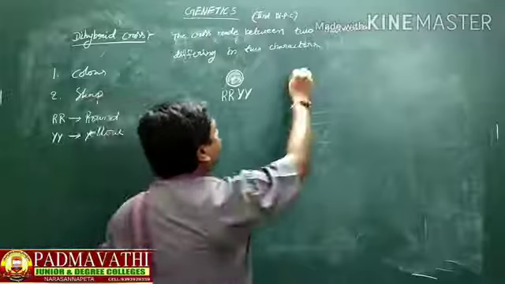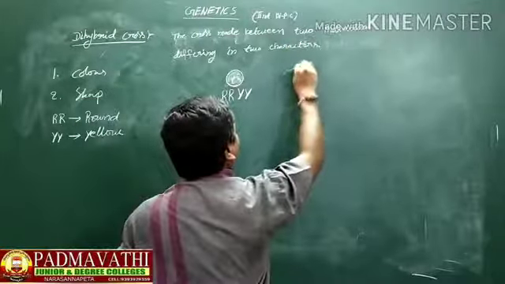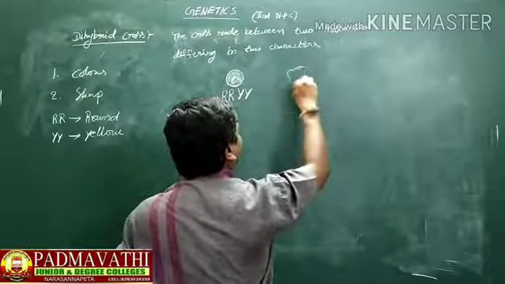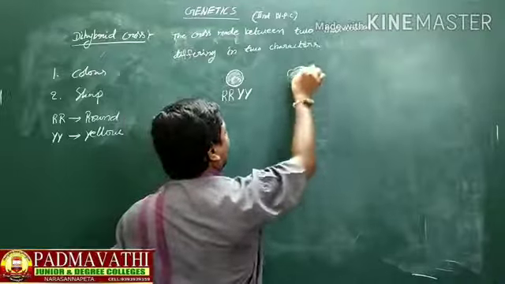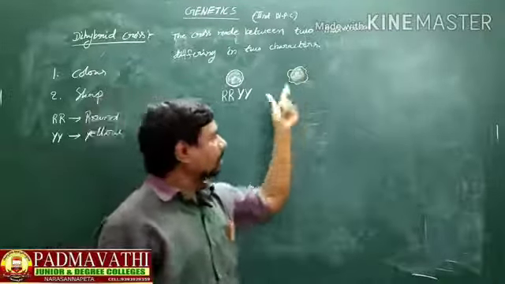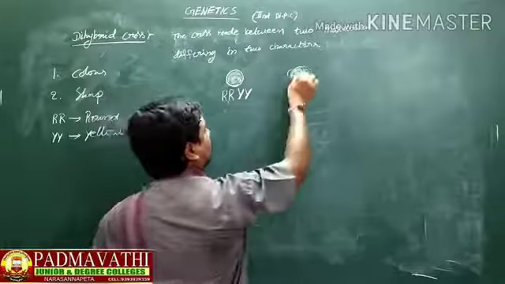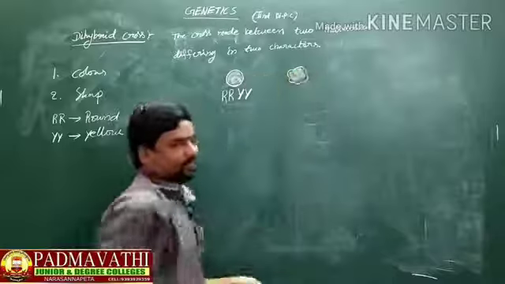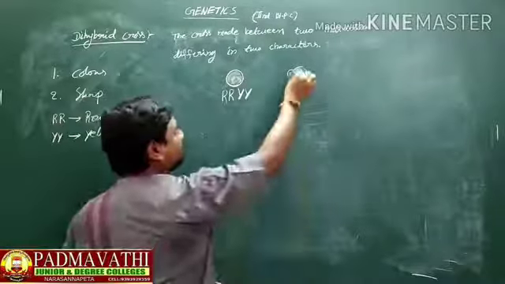Next one, another individual: wrinkled green. Here another seed is there. It is determined by four factors, these two characters.